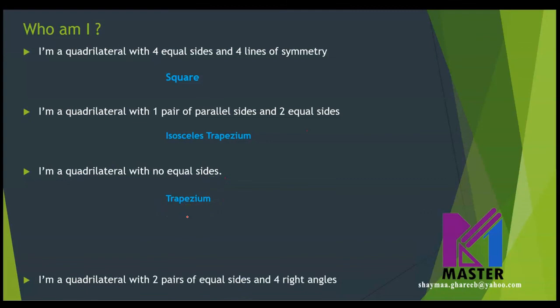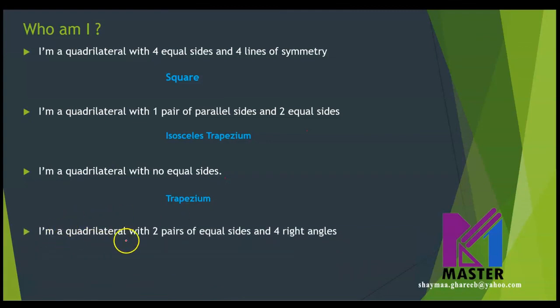Is this clear? I am a quadrilateral with 2 pairs of equal sides and 4 right angles. So 4 right angles means square or rectangle. 2 pairs of equal sides means rectangle because in the square, all sides are equal. Is this clear?